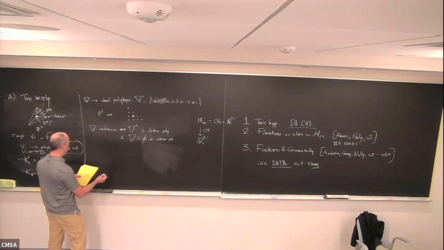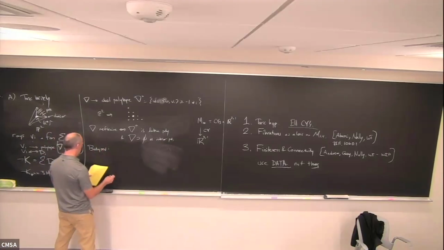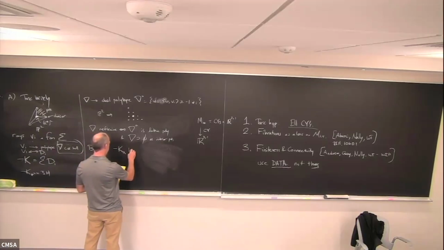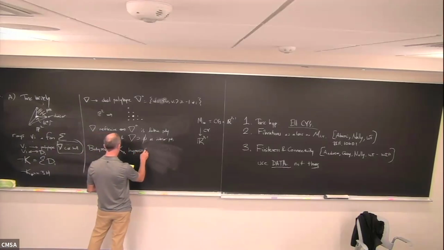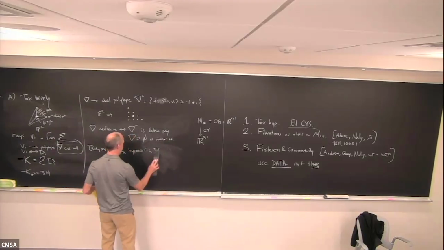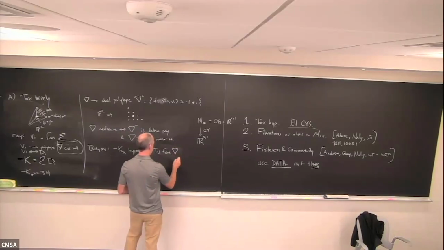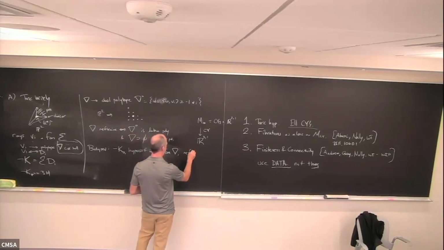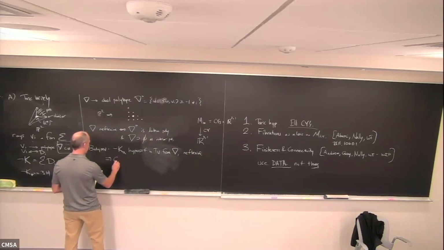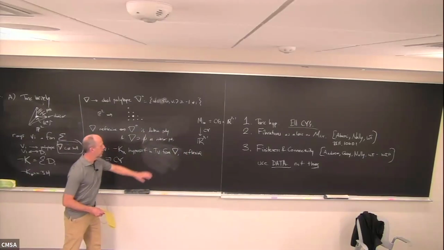And using the adjunction formula, there's a beautiful result of Batyrev, which showed that if you take the anti-canonical hypersurface in a toric variety defined by a polytope nabla, where nabla is reflexive, then we get a Calabi-Yau. And it's generally smooth. It avoids singular points in the ambient polytope.